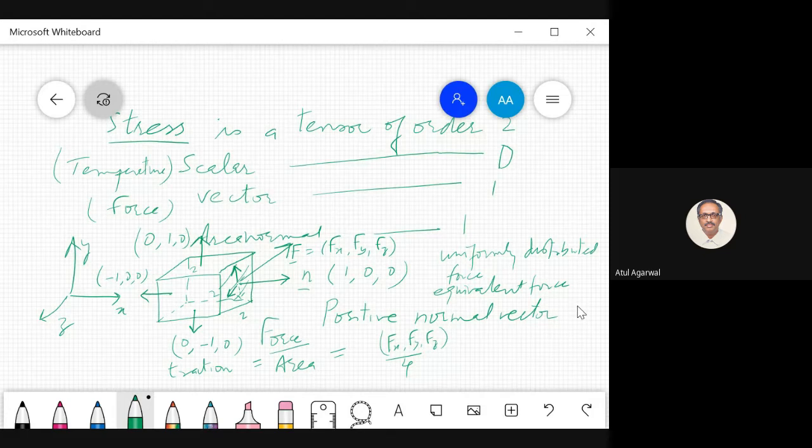At the top you have a vector and area is a scalar quantity.